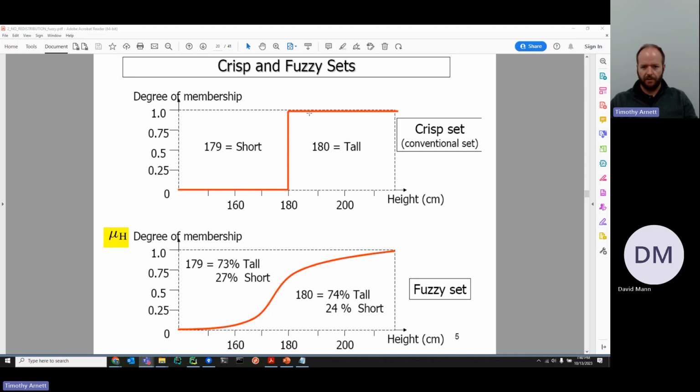Instead of being a drastically different representation, as in the classical set, you have a much more reasonable value where it says it's 74% tall and 24% short. Note that there are different characteristics for your representations based on the different characteristics of your membership functions. And we'll talk about that a bit more in a bit.